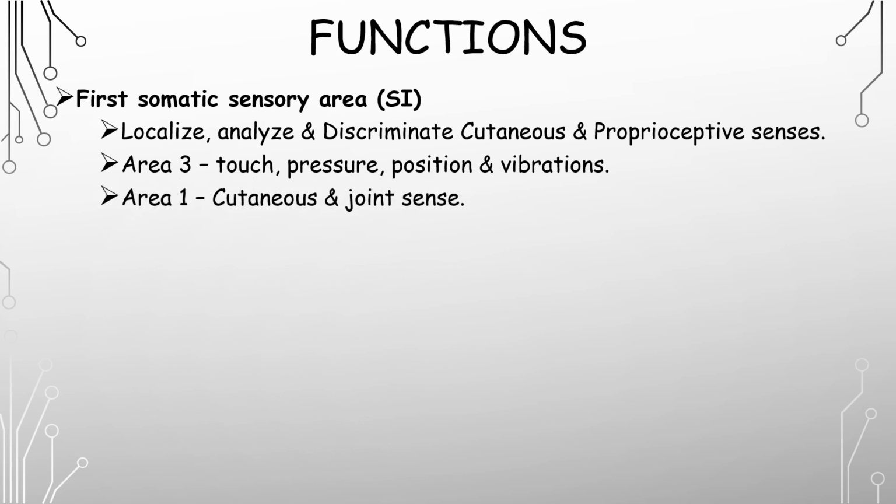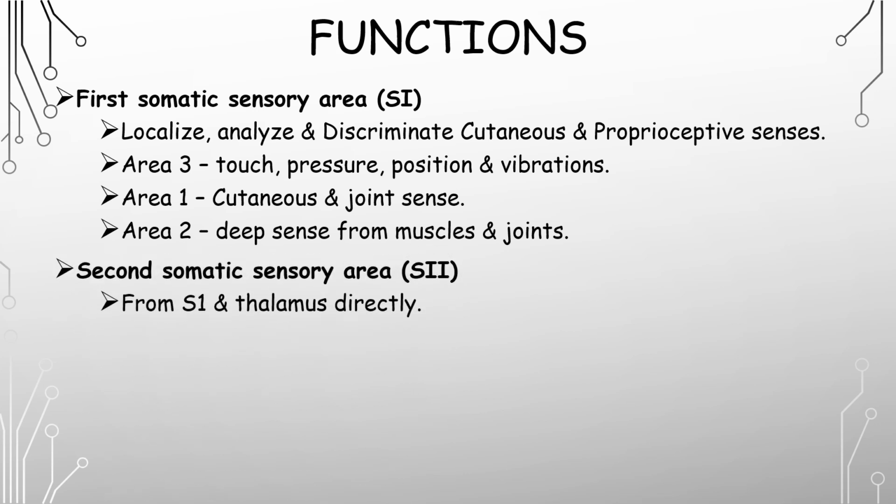Area 1 is concerned with the cutaneous and joint sense. Area 2 is concerned with deep senses from muscles and joints. The secondary sensory area receives impulses from the primary somatosensory area and directly from the thalamus, so it is concerned with the perception of sensation.